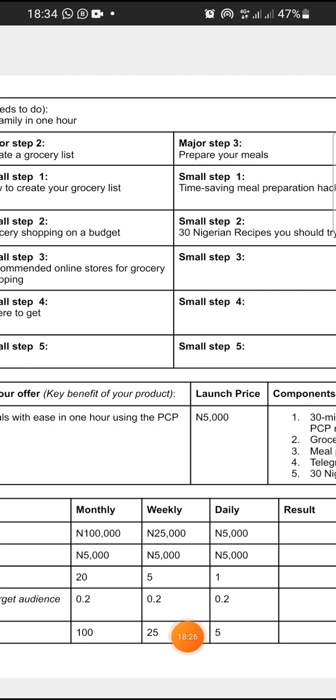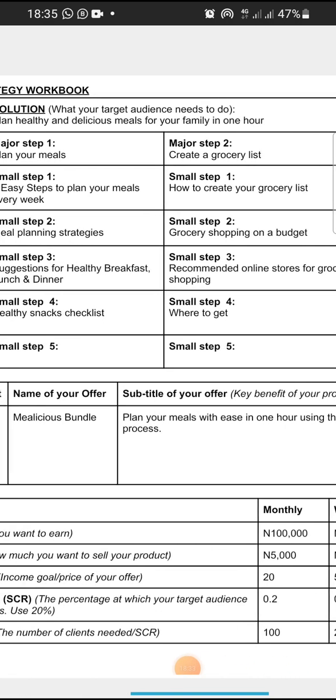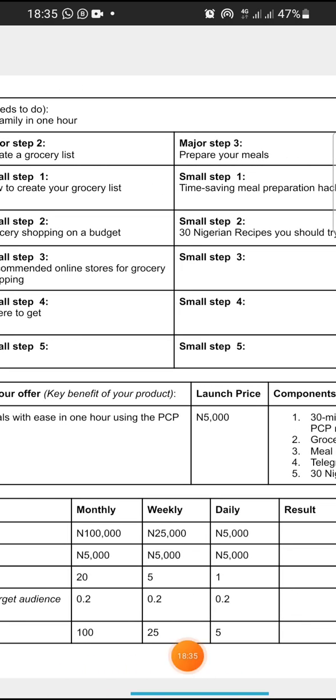Then for her to know the number of leads she needs to generate every week, you divide the number of clients, in this case 5, by 0.2. When you do that, you get 25. So every week she needs to generate 25 leads for her product.